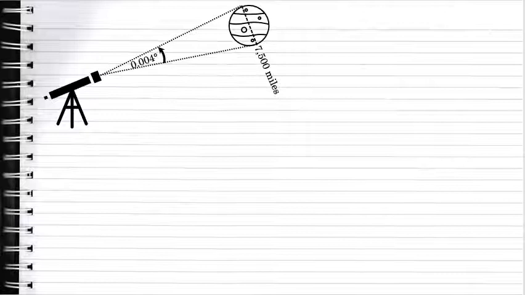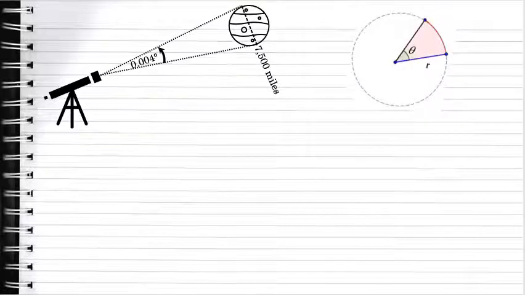This situation of viewing planet Venus from Earth can be represented fairly well as a sector of a circle. A sector of a circle is a fraction of a circle made up of a central angle, the radius of the circle, and a curved distance, often abbreviated S, which is known as arc length.